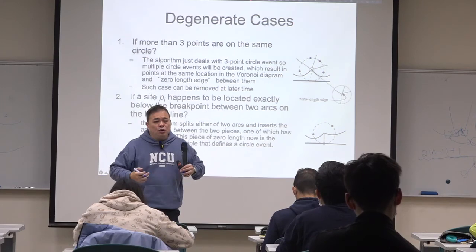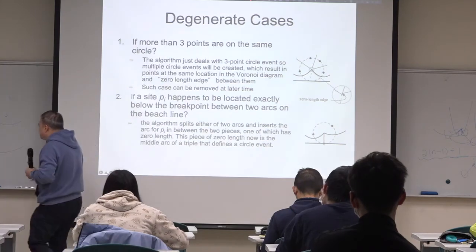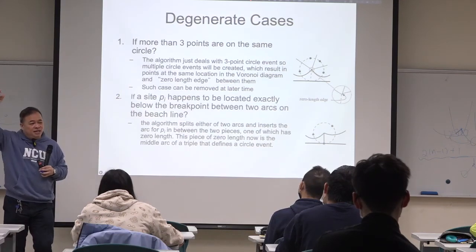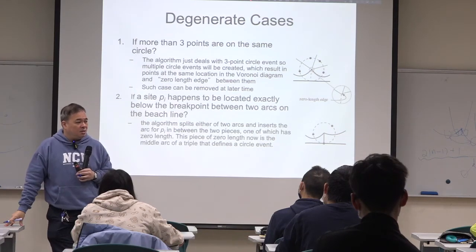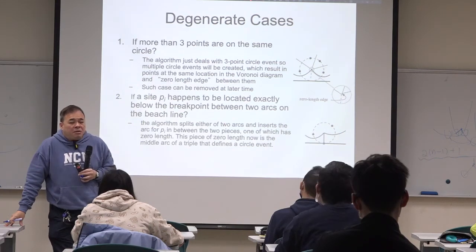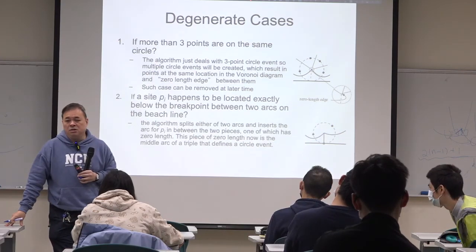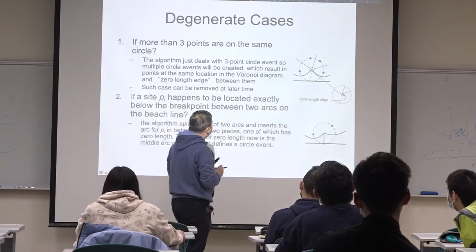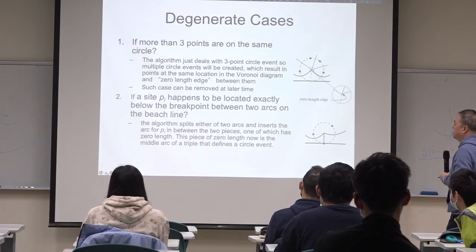If you do not like it, after you create the structure you can go through the whole doubly connected edge list to remove the zero length half edges, as an additional process. But the algorithm itself doesn't need any change. That's the first case, with more than 3 points on the same circle.